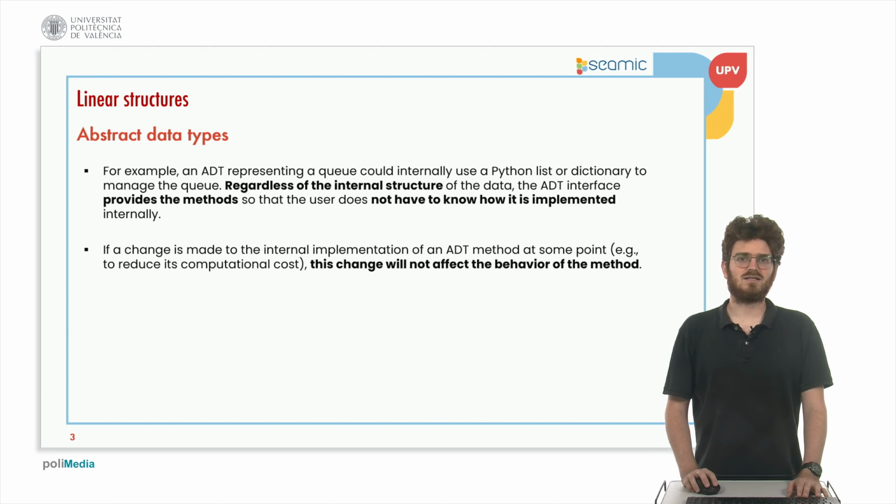The important thing is that even if the implementation changes, the external interface would be the same, and thus our behavior should not change even if the data structure gets better with new versions of Python, or if we use different versions of the data structure.